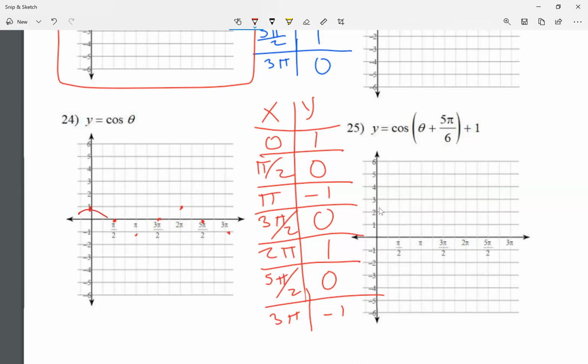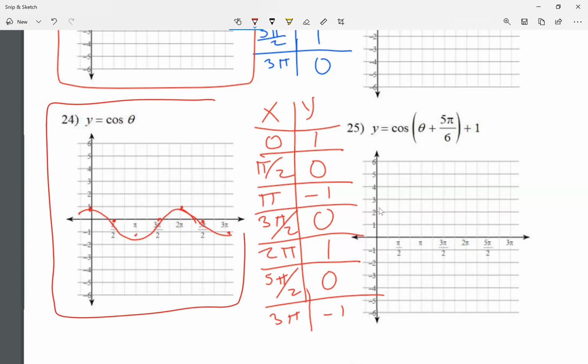So I connect these. And this is going to be our parent function of cosine. Okay, so anything that I do with cosine is going to start with the parent function. And I'm just going to play things over.